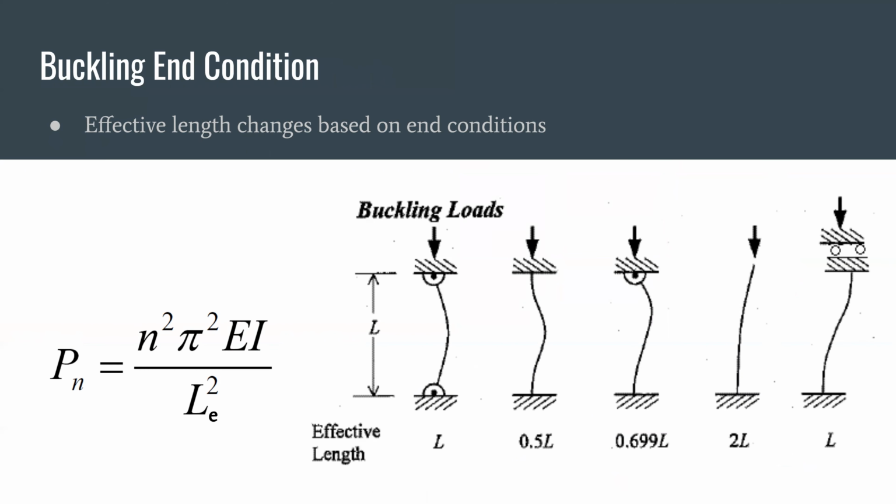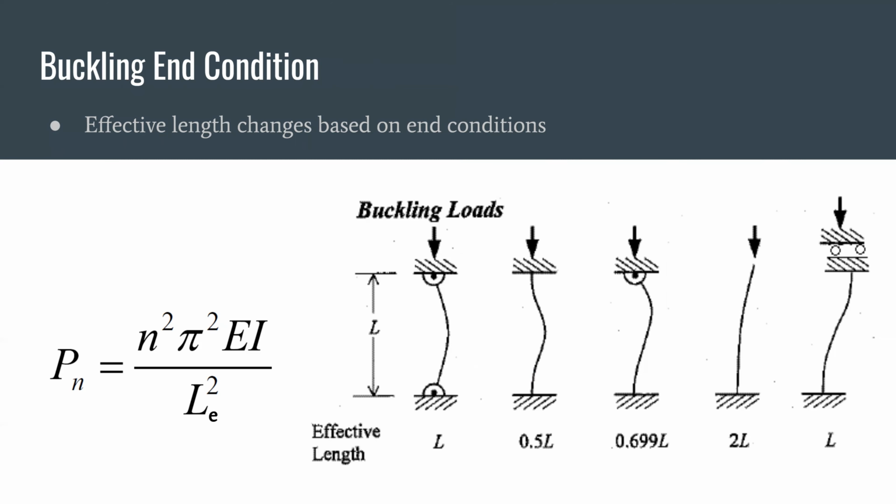The second case is fixed on top and bottom. The third case is pin connection on the top and fixed on the bottom. The fourth case is fixed on the bottom and allowed to move around on the top. The last one is translation free and rotation fixed on the top, and rotation and translation fixed on the bottom.